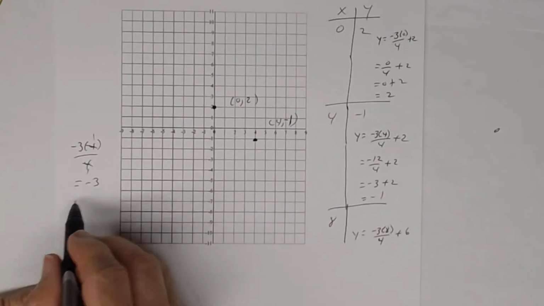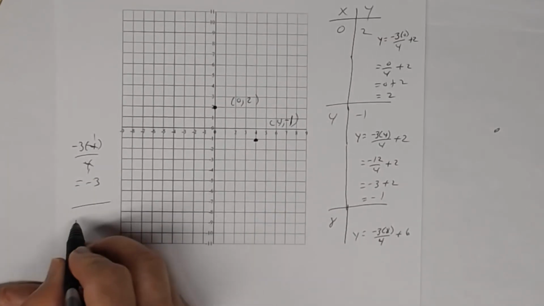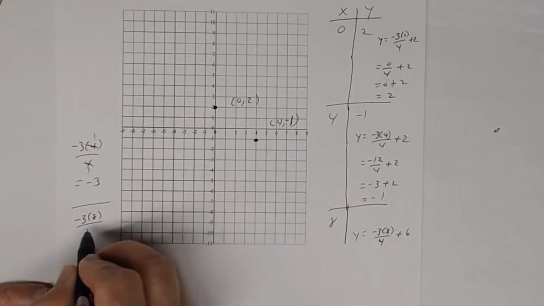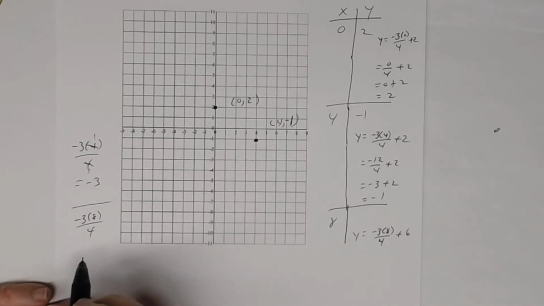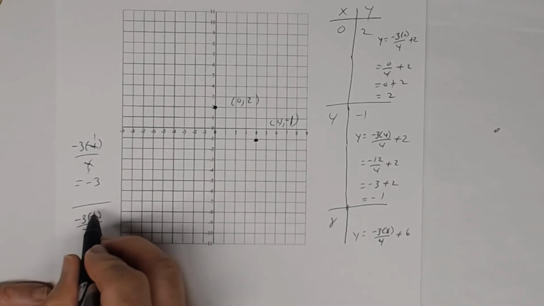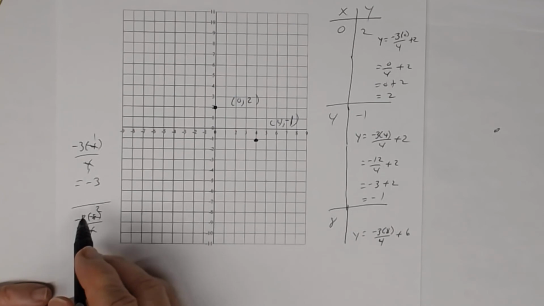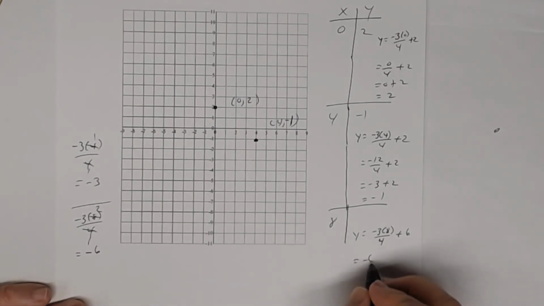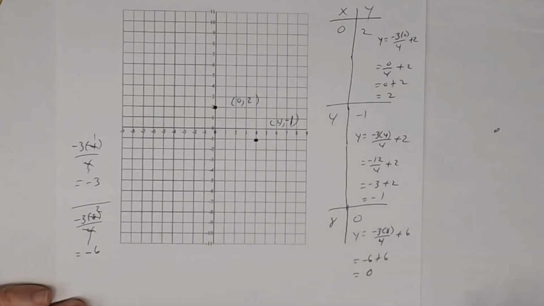So just to remind you how to do this, negative 3 times 8 divided by 4. Well, 4 into 4 is 1, 4 into 8 is 2. And what's negative 3 times 2? Negative 3 times 2 is negative 6. So this becomes negative 6 plus 6, right? And what's negative 6 plus 6? 0. So I'm going to plot the point 8, 0.